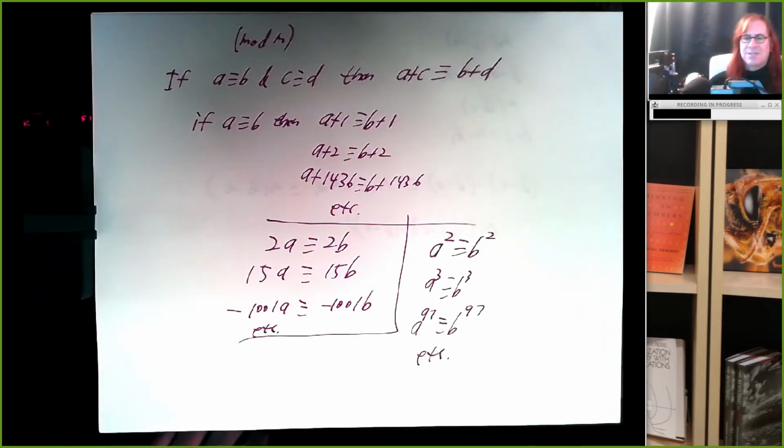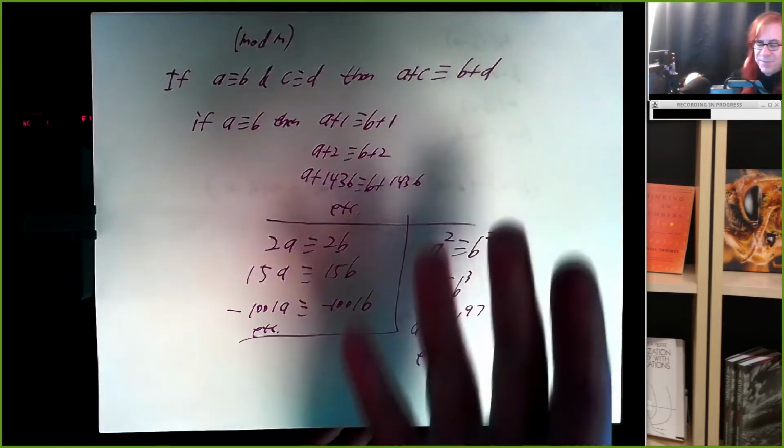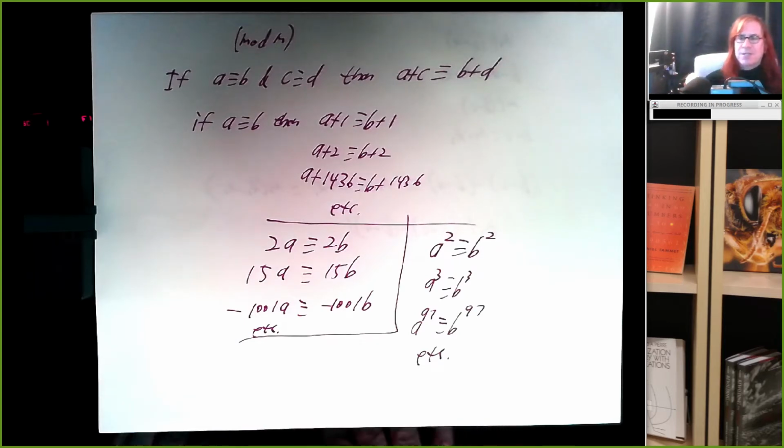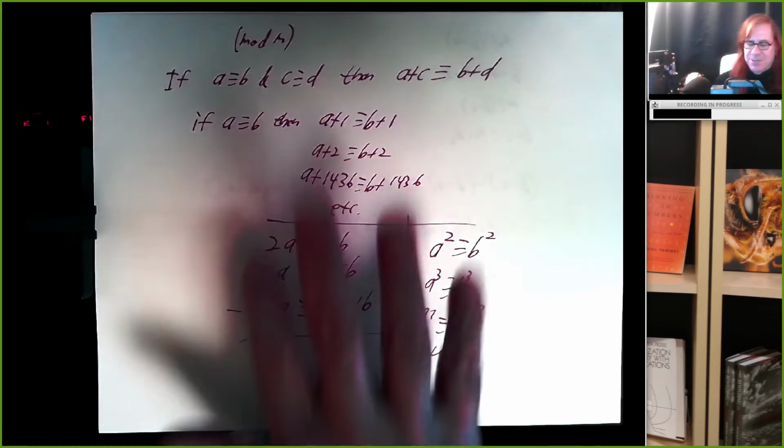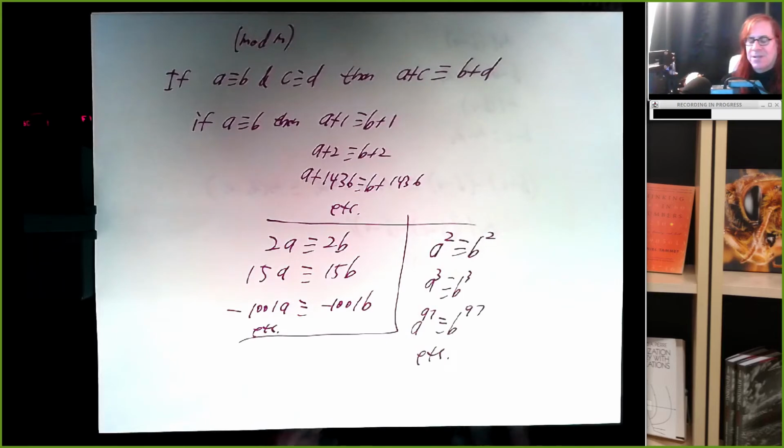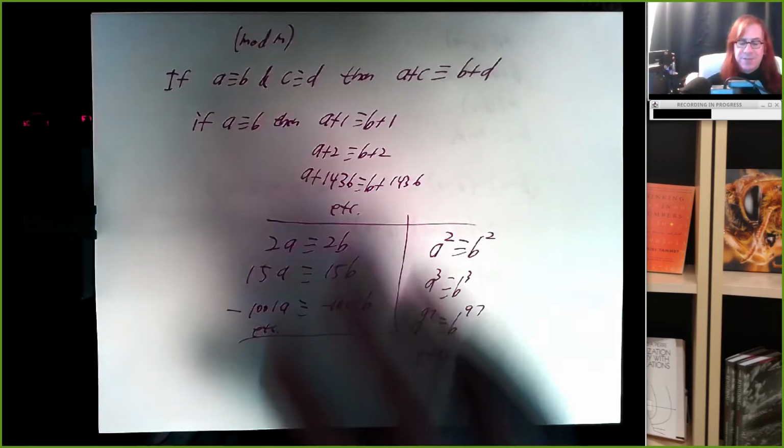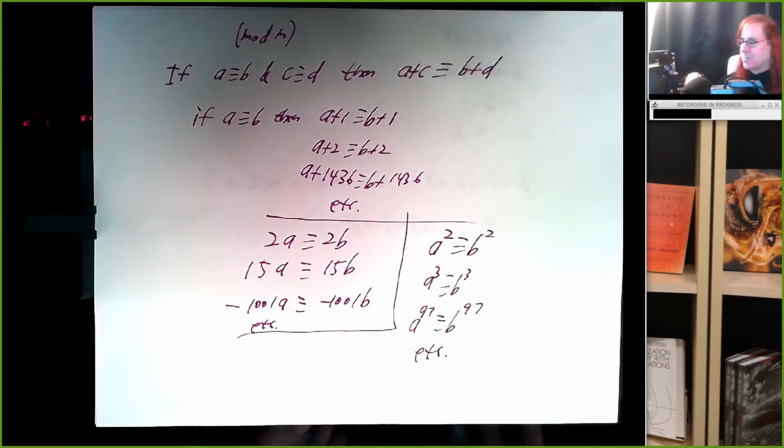A lot of the things that we would sort of like this thing to do if it were a plain old equal sign actually work for congruence. And that makes working in these modular systems pretty familiar, even if this is a new concept to us. The intuition we've developed from doing algebra and equality and algebraic manipulations, a lot of that intuition will carry over faithfully to working with modular systems, working with congruence.